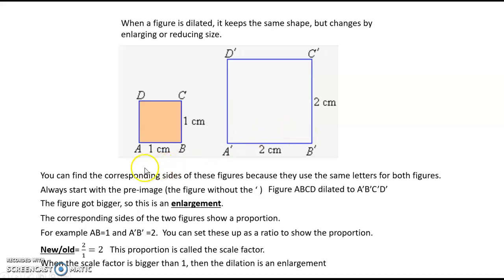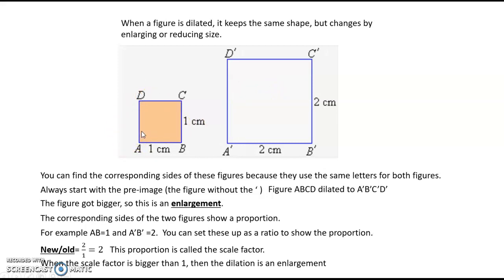The corresponding sides of the two figures show a proportion. For example, AB and A prime, B prime both have a measurement, so we can figure out how many times bigger the second image is than the first image.